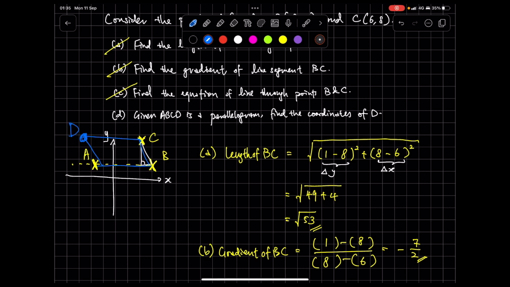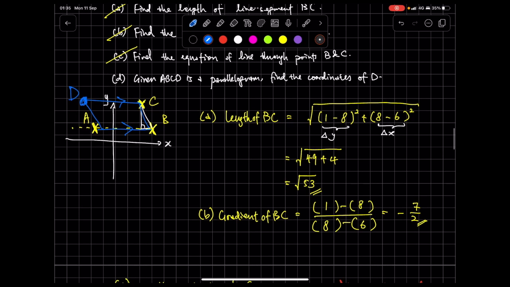Now what do we know about parallelogram? AB parallel to DC. That's one thing. Okay, we're going to write it down. AB is parallel to DC. What else? Second thing. AD parallel to BC. What else? We also know length of AD is equals to length of BC.